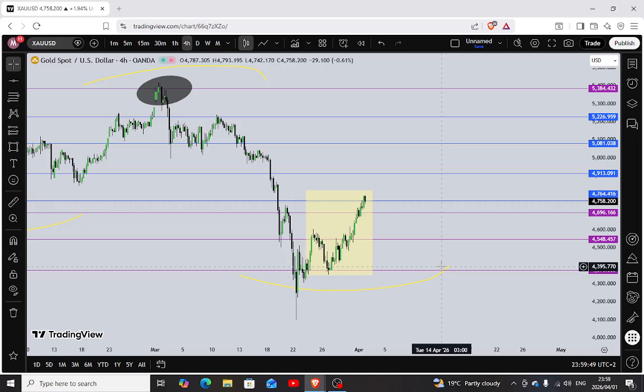More than likely, we might experience a lot more buyers moving forward, because we had our sellers here, where they also made resistance areas there, and made another resistance area there.